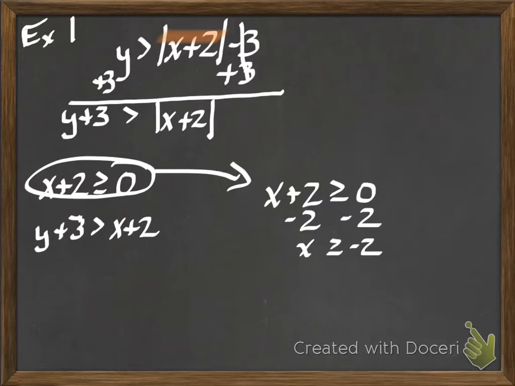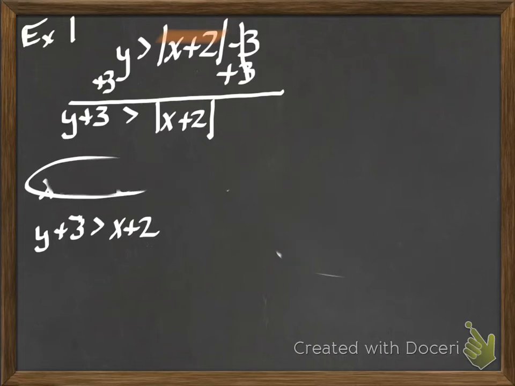So instead of writing x plus 2 is greater than or equal to 0, I am going to write x is greater than or equal to negative 2. So that's my first scenario.